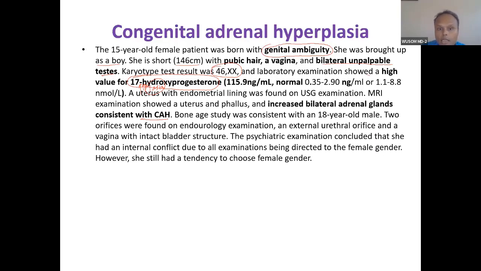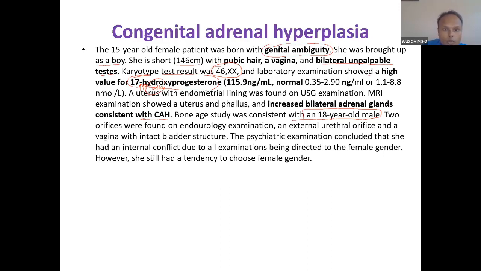Bone age study was consistent with an 18-year-old male. So you can see 15-year-old, but bone is 18-year-old. So premature aging. You can see a precocious puberty type of thing here, because bone growth is more because of this testosterone-like sex corticoid.